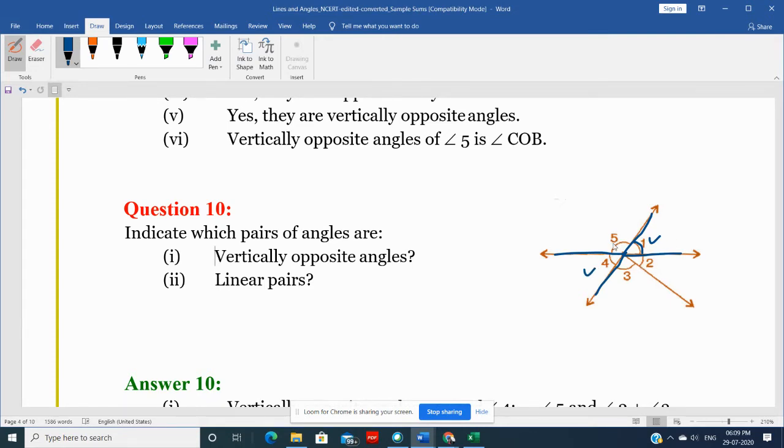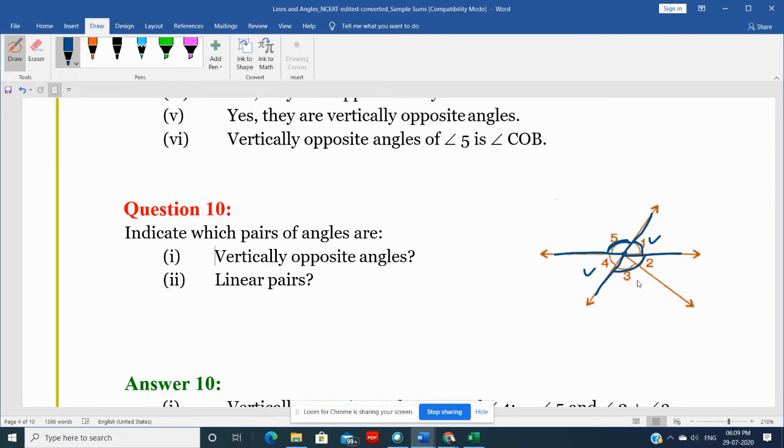Here they have not given you any names of the angles, so you can't say 5 and this 2, because you can't say 2 plus 3. If they would have given names, we would have used them, but because they have not given names to this figure, we can say that this 5 would make 2 plus 3.